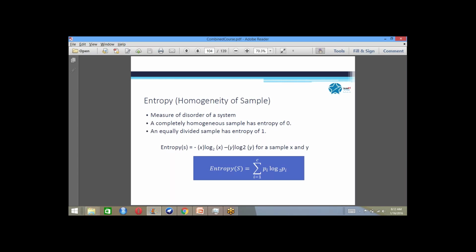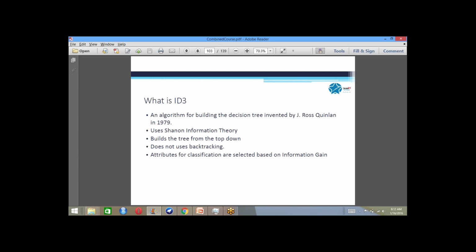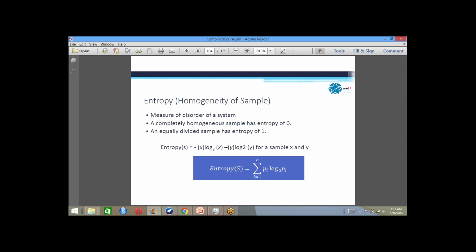So don't think of this as one shot, one exploration from top to bottom to create a decision tree. Of course, the initial algorithm ID3 was doing like that. It does not use backtracking. But later algorithms have been using variants of this to create backtracking. Once you even reach a leaf node, you try to merge backwards, upwards, and explore alternative paths.